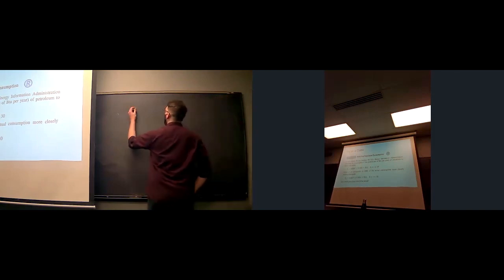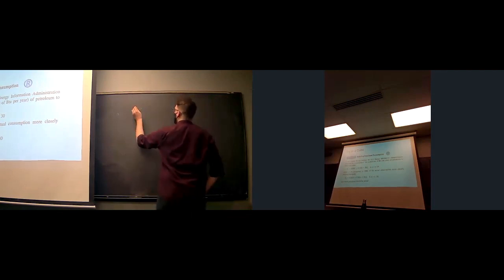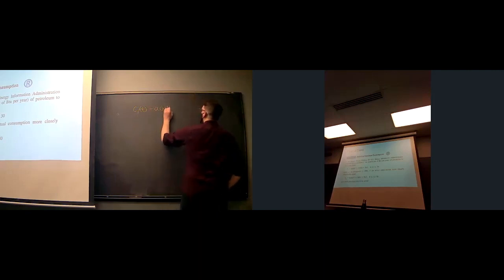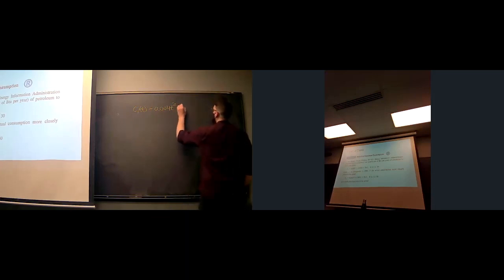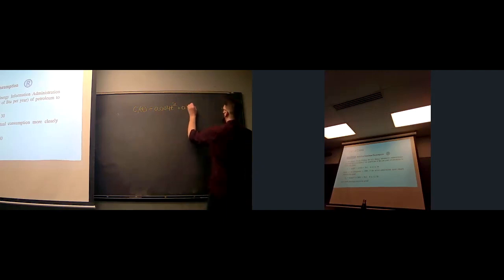So the first equation is the projection. Projection tells us that we're thinking it's going to be something like 0.004t squared plus 0.330t plus 383.